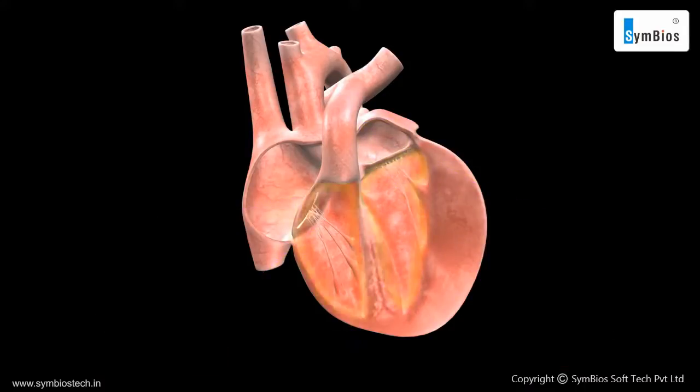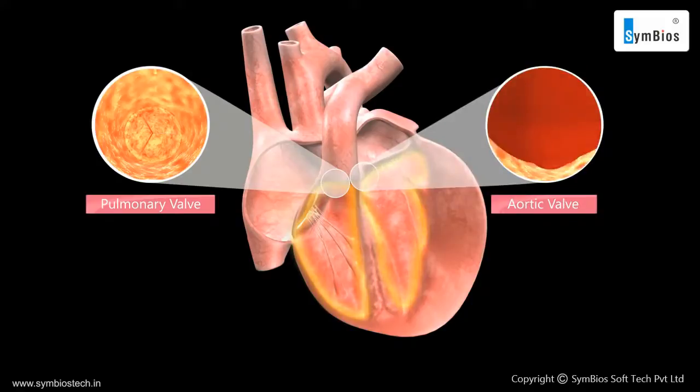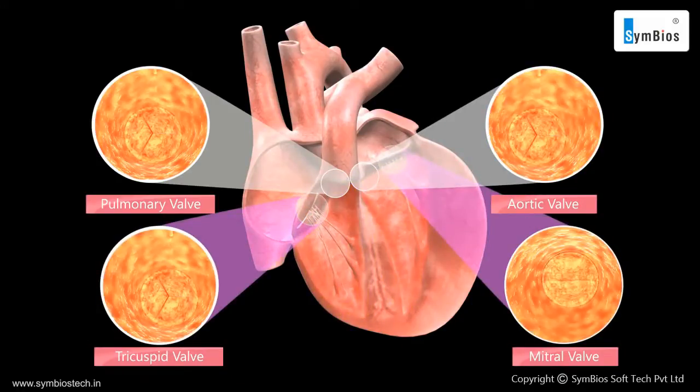The openings of the right and left ventricles into the pulmonary artery and the aorta, respectively, are guarded by the 2 semilunar valves, the pulmonary valve and the aortic valve. These valves ensure that the blood flows only in one direction and prevent backward flow when the atria or ventricles contract.